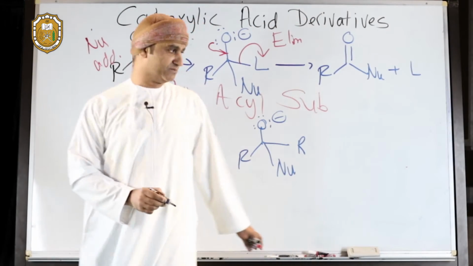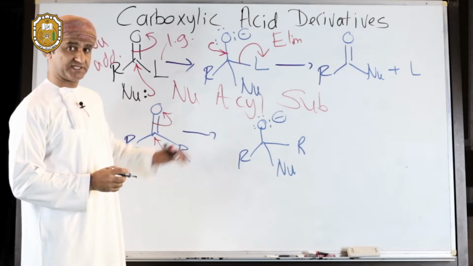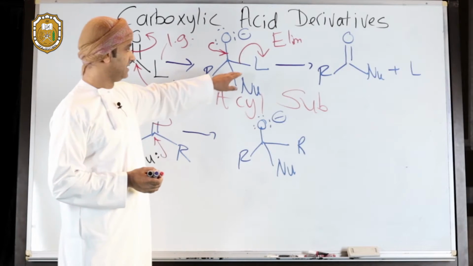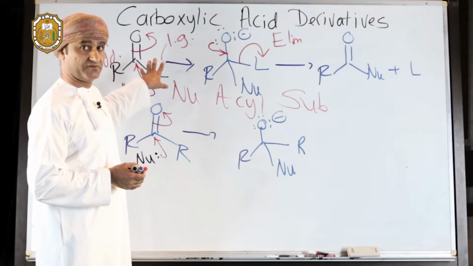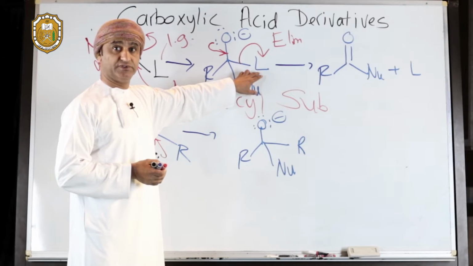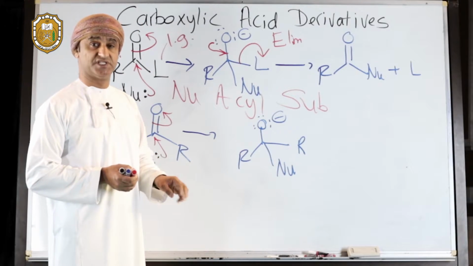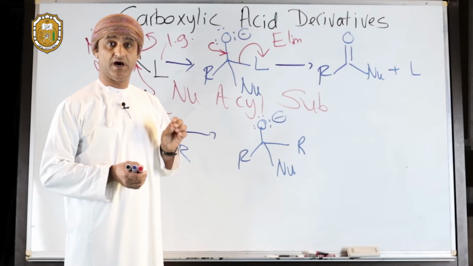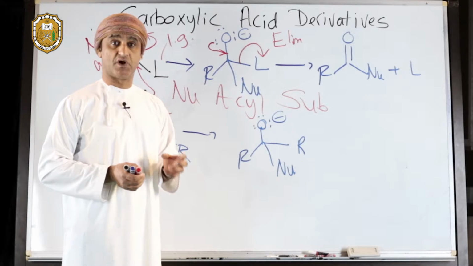Now, this intermediate is similar to that, but the significant difference, as we have stressed before, is that this alkoxide intermediate, in the case of carboxylic acid derivatives, has a leaving group or a potential leaving group. Now, R is not a leaving group. If it leaves, it forms a carbanion, and of course, carbanions are not leaving groups at all. They are terrible leaving groups because they are strong bases.